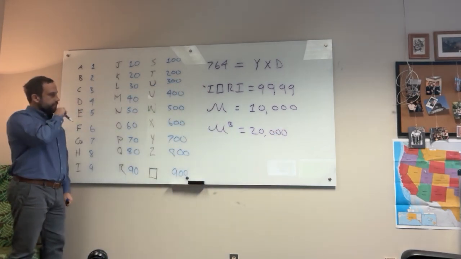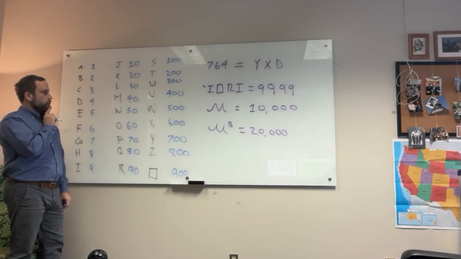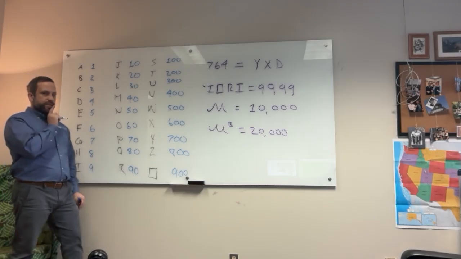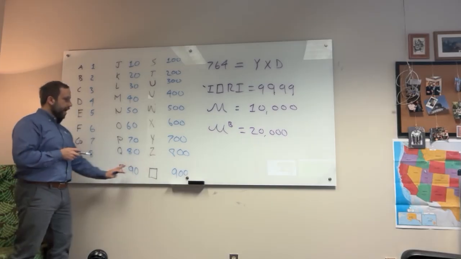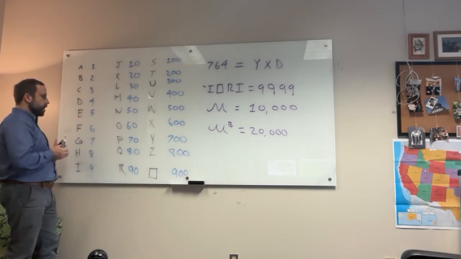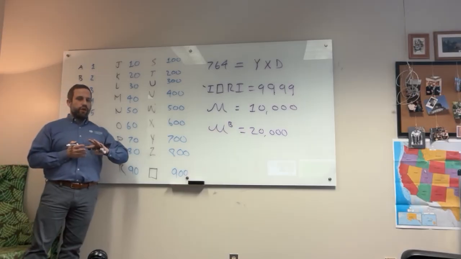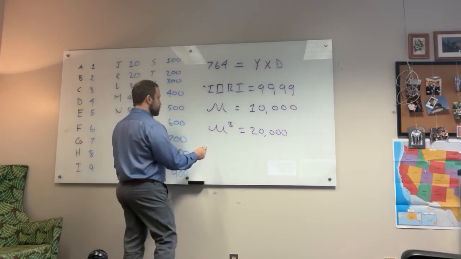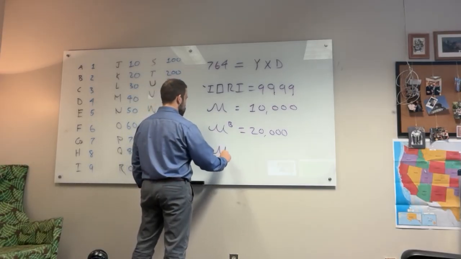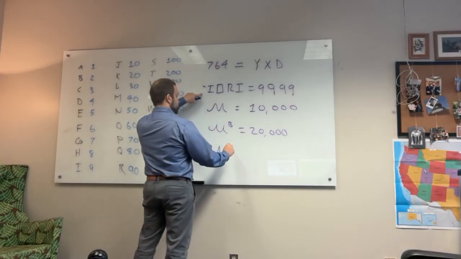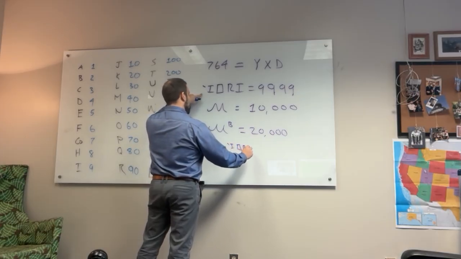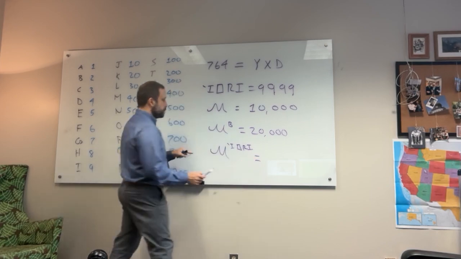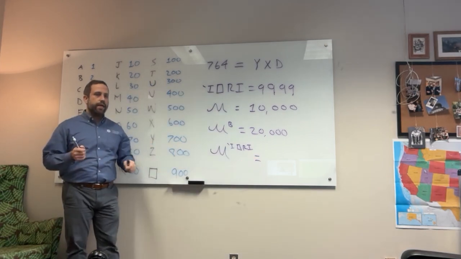Okay, now let's think about how things like this are going to work, or the size of the numbers that we can talk about. Without the myriads, the biggest number that we can talk about is 9,999. So we could do something like this, prime I, R I. This would be 9,999 myriads.